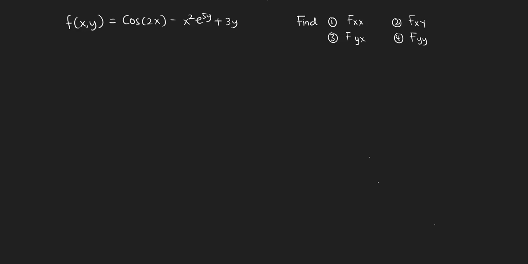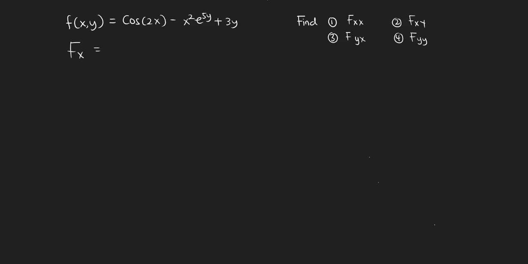First of all, to find f_xx, we must first differentiate this whole function with respect to x. So that will be the partial derivative with respect to x. Differentiating cosine of 2x, I'll first differentiate the whole expression.